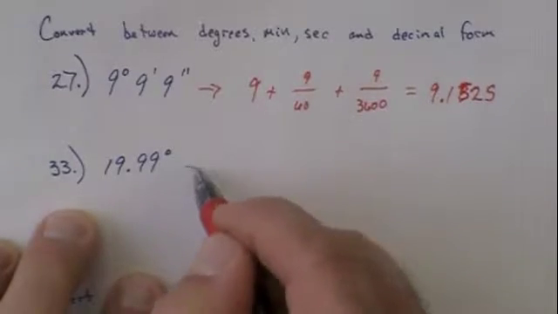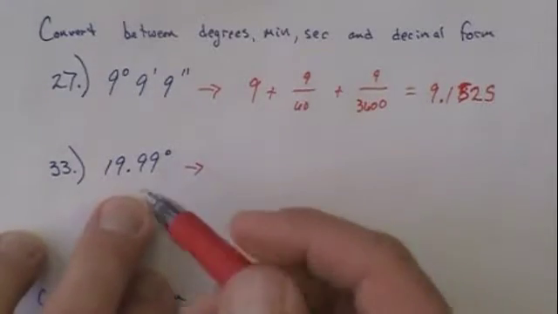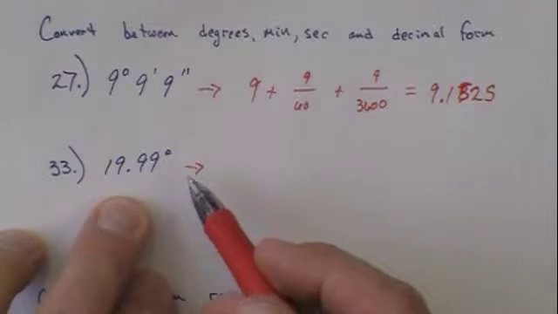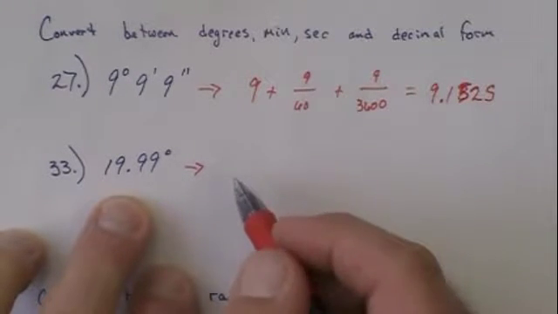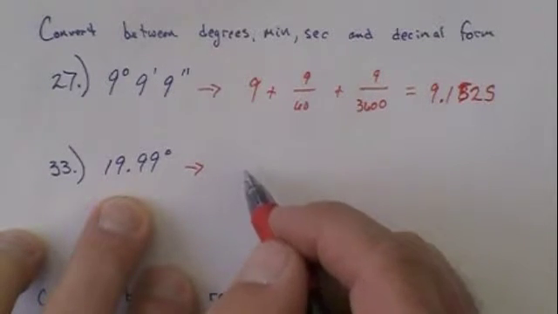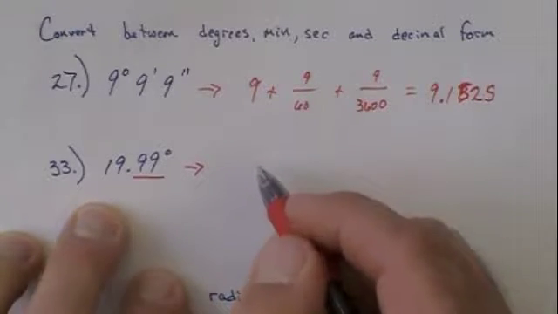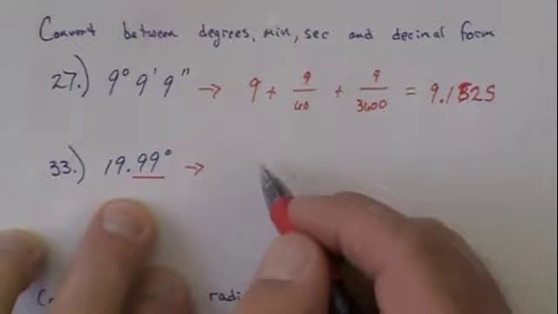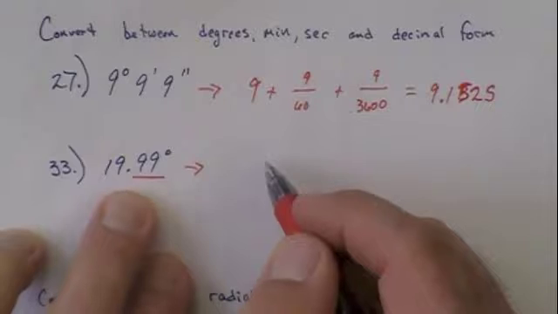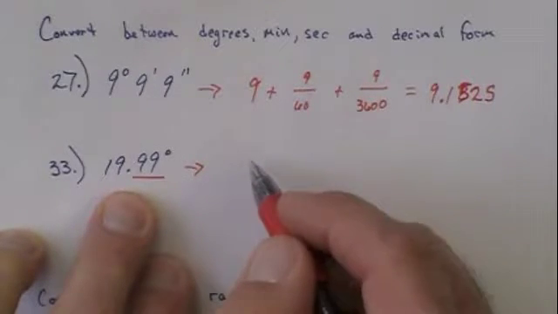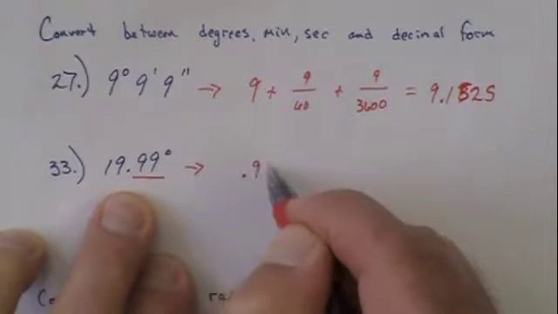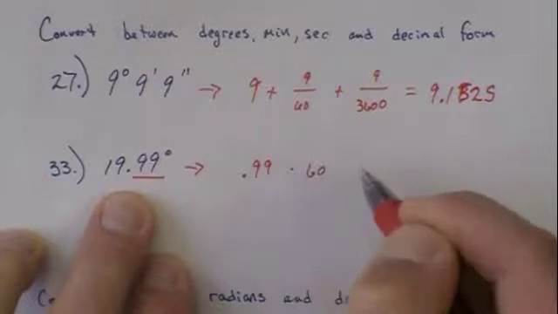Now, as far as going from degrees in decimal form into degrees, minutes, seconds, we're going to have our 19, and then to change this 99 hundredths into minutes, we would take that 0.99 times 60.